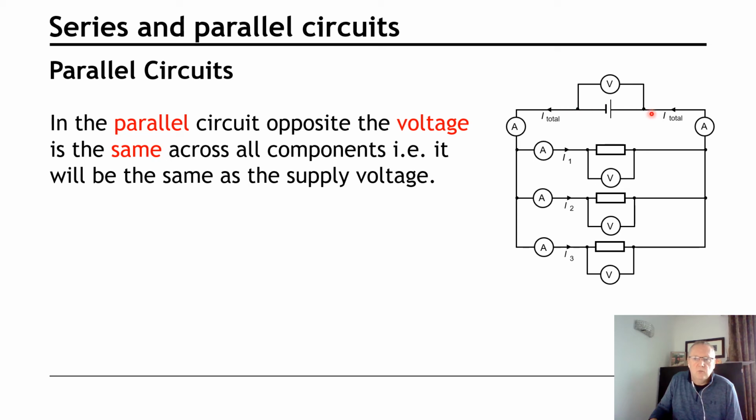So the potential difference across here will be the same as across here and across there and across there. So these voltmeters are all going to read the same potential difference because they're all connected to the same 2 points. So in a parallel circuit, the voltage is the same across all the components. And in this case, it's going to be the same as the supply voltage.